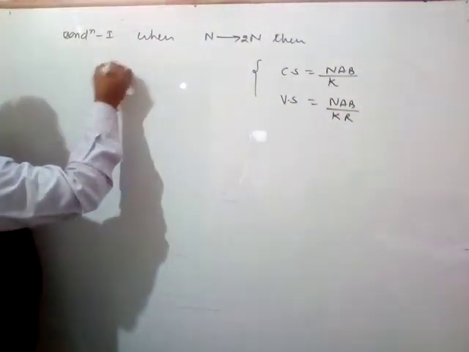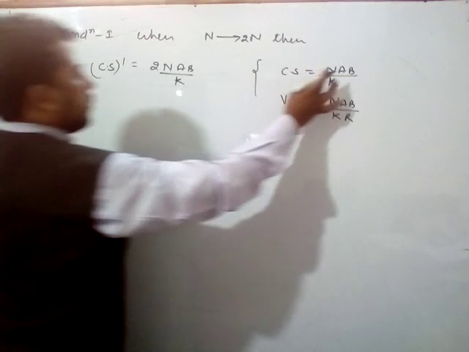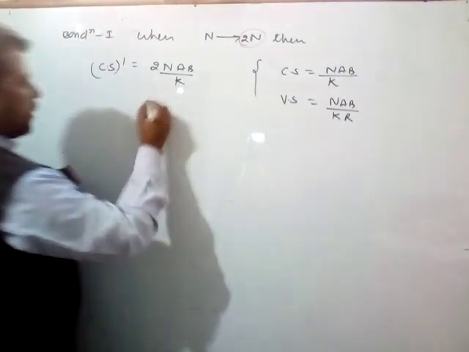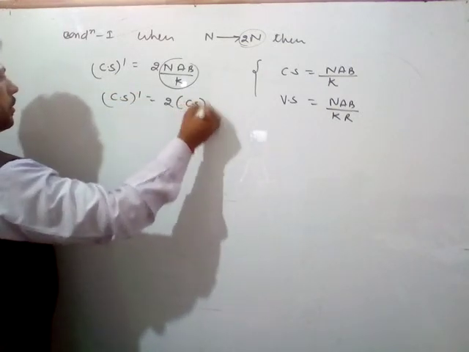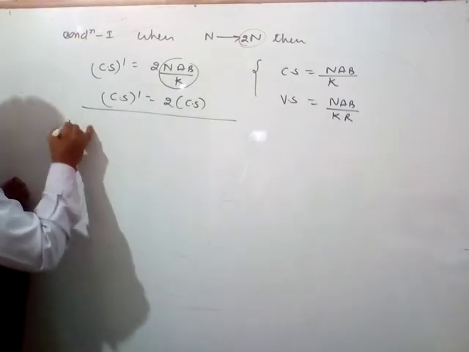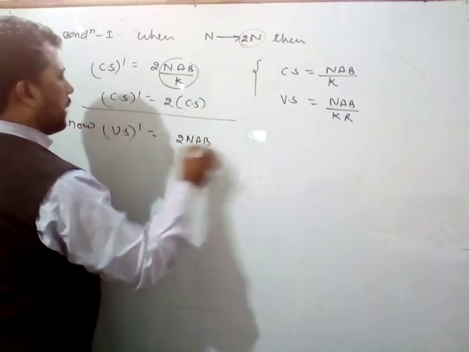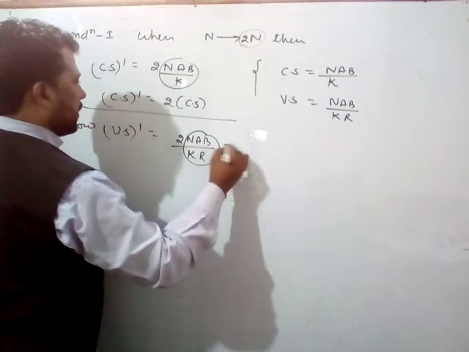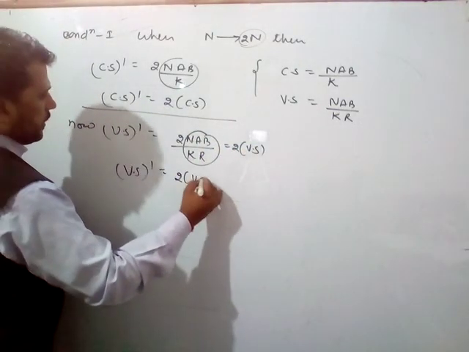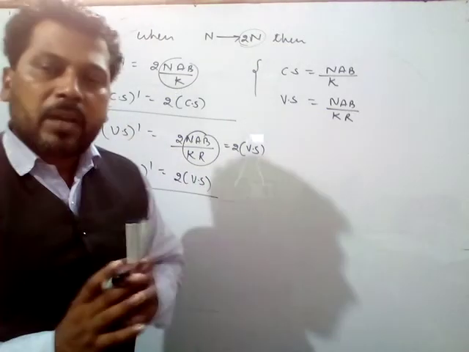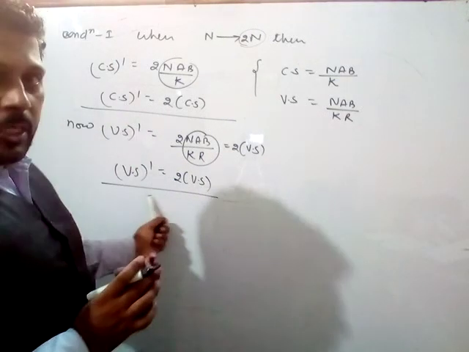So Cs dash equals 2NAB upon K. Replacing n with 2n means current sensitivity becomes double. And voltage sensitivity Vs dash equals 2NAB upon KR, so Vs dash equals 2Vs. Whenever the number of turns is doubled, Cs and Vs both will be doubled.